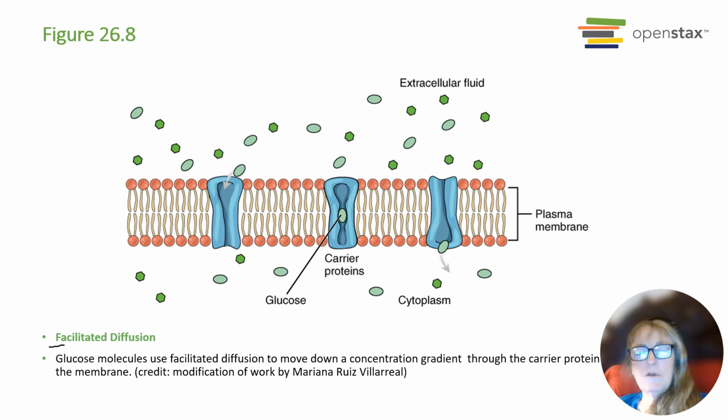Facilitated diffusion, again, we've talked about this before, but it's well worth a review. Glucose molecules are the classic case of using facilitated diffusion. You have glucose out here. This is inside the cell. You can tell because that's the cytoplasm, and that says extracellular fluid.